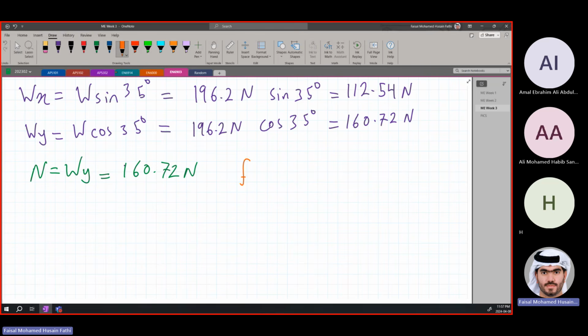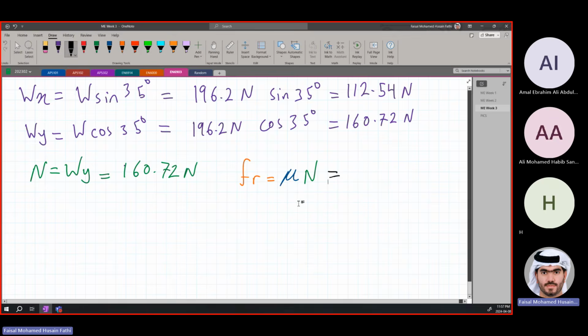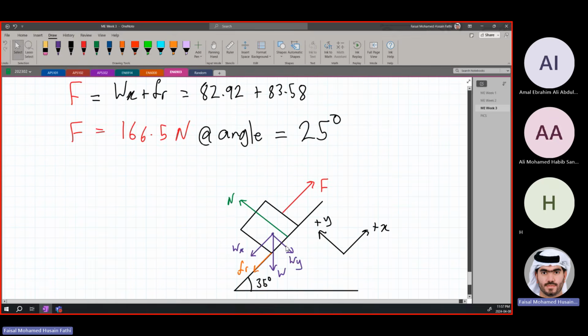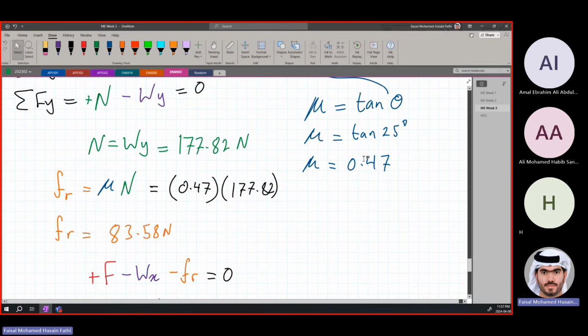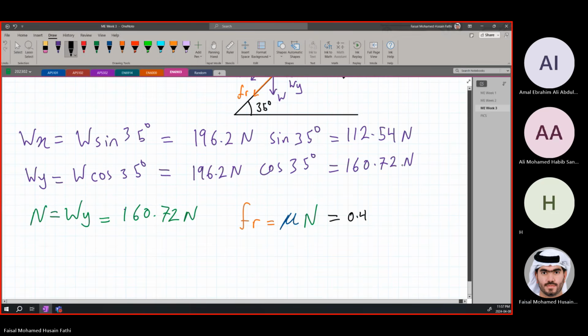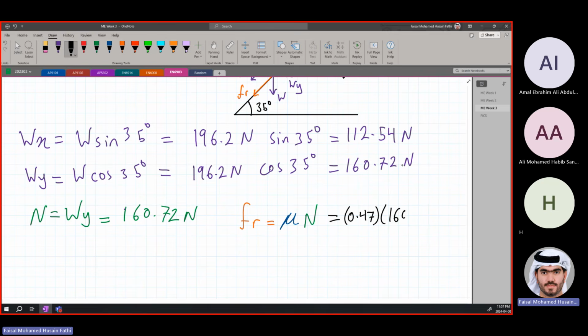So our Fr is going to also change. It's equal to mu times n, and mu is the same. Mu does not change, it doesn't get affected by this angle. Mu comes from the angle of the slip. So it's 0.47 times this new normal force, which is 160.72.